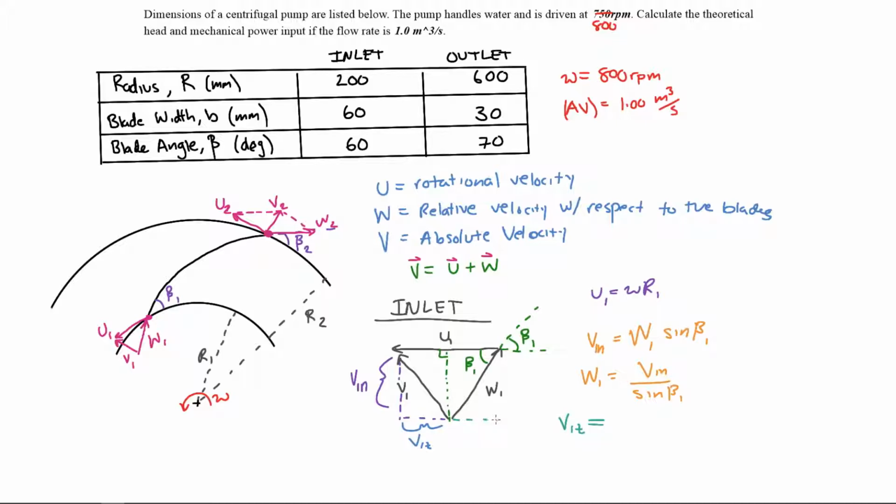If we project W1 onto this axis, and then add that projection to U1, we should get V1 tangential. So that should equal U1 minus W1 cosine of beta 1. And since we defined W1 up here, we could write that in our equation: V1 tangential equals U1 minus V1 normal over the tangent of beta 1.